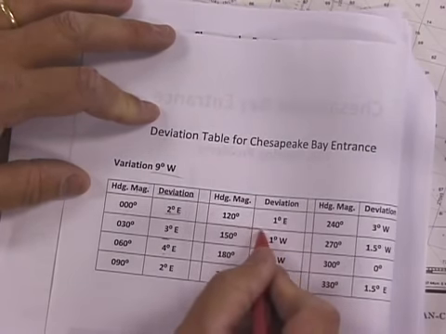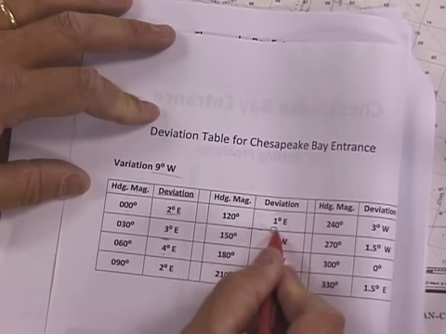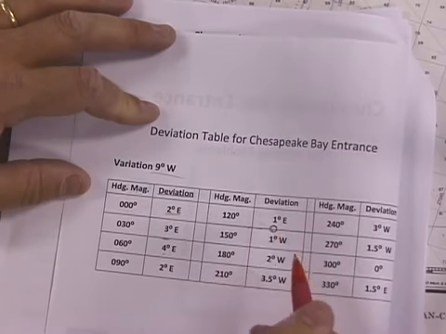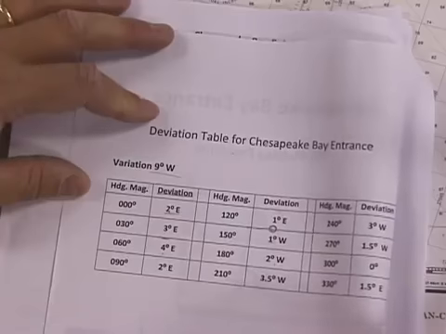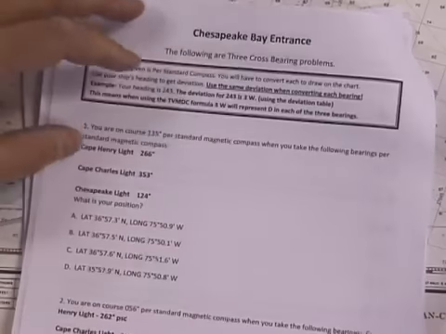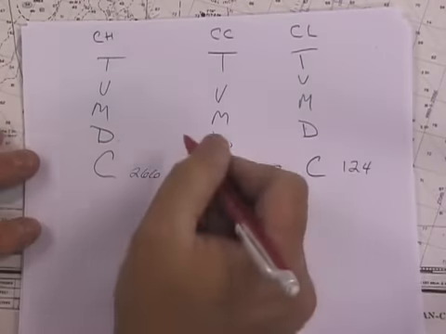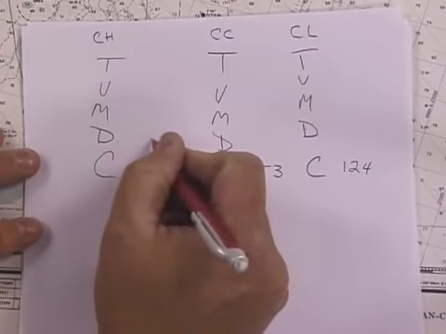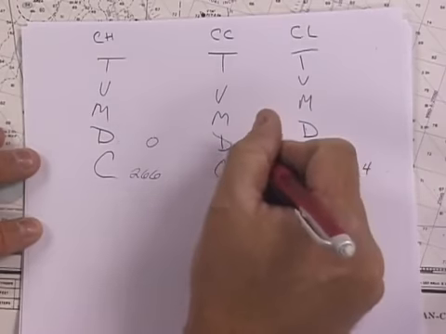So 135 falls right in the center. If you did a number line, 0 is in between. So our deviation for our heading is actually none, 0. So we're going to go ahead and correct this. Deviation is going to be 0 for each one of these.